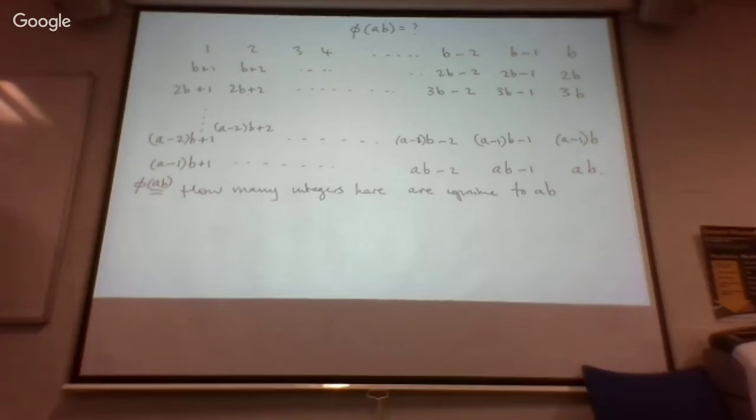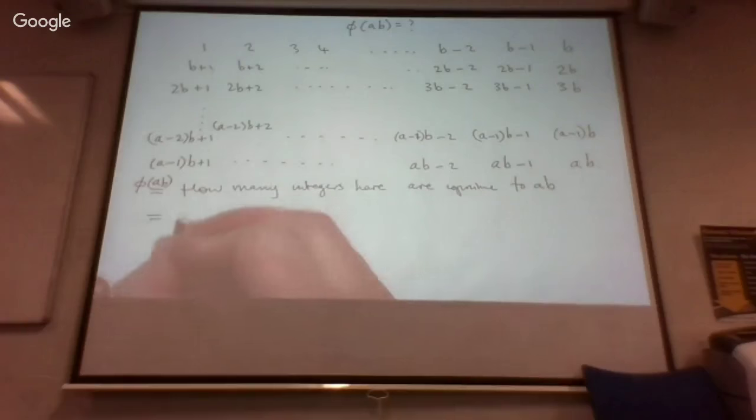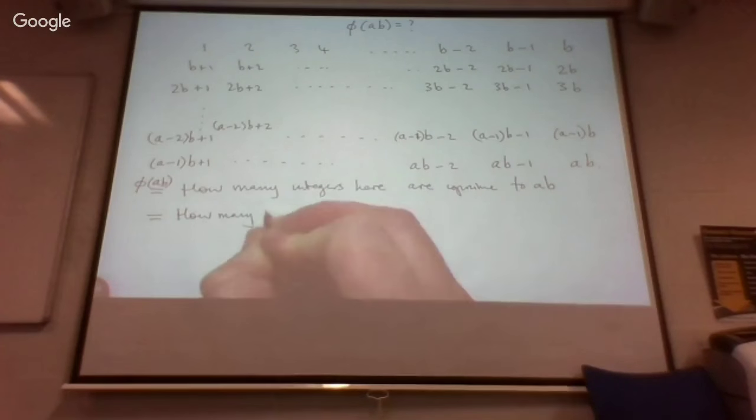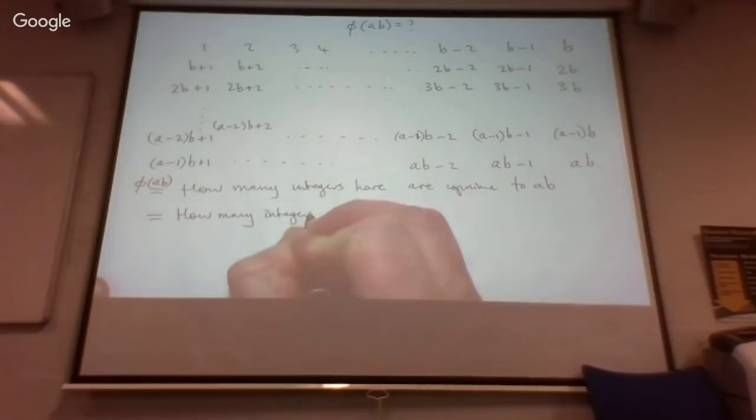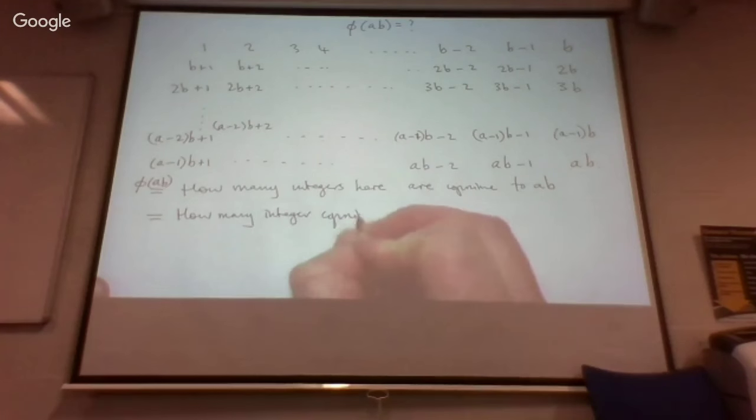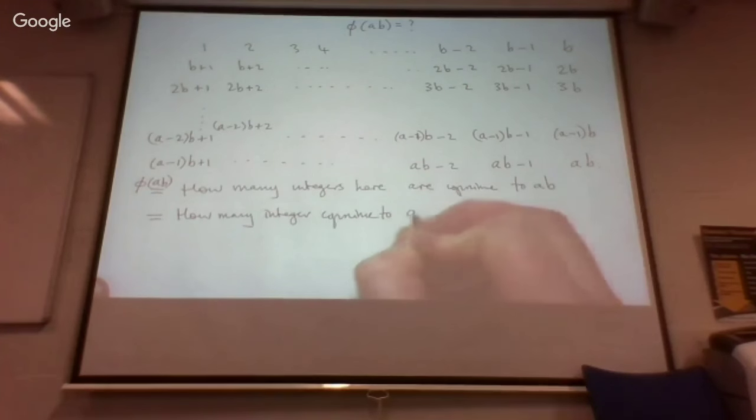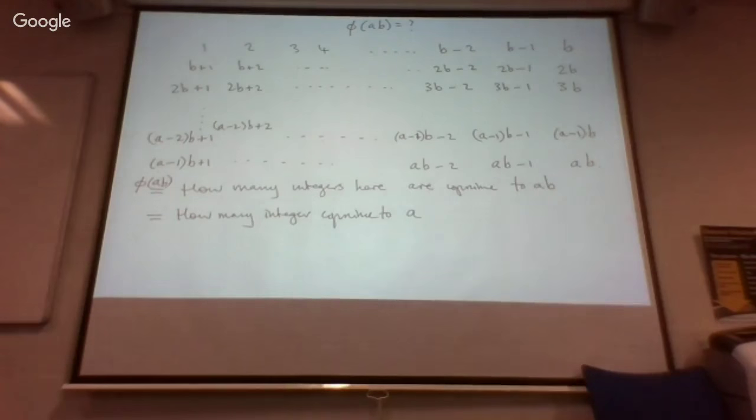We're using one of the lemmas we've just introduced. This question becomes, how many integers here are coprime to A? How many are coprime to A and B? That result there we're using is lemma 5.4.